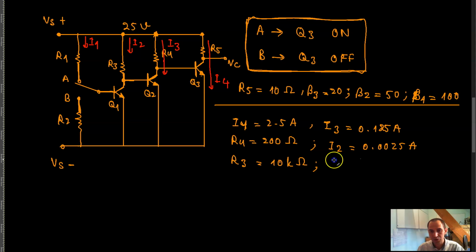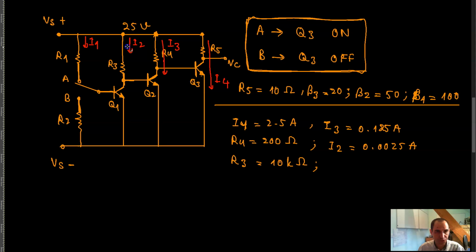So you see that this transistor with this collector current and this resistance value is already saturated. Of course, provided that enough base current flows through the emitter, through the ground.